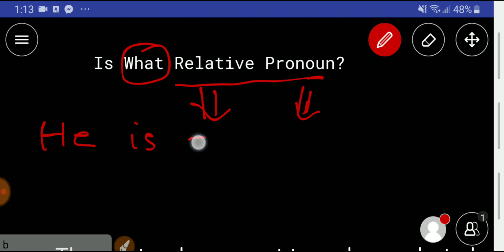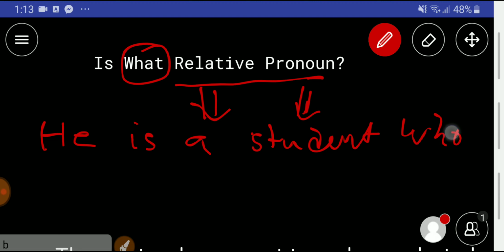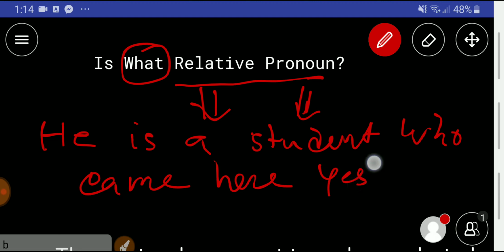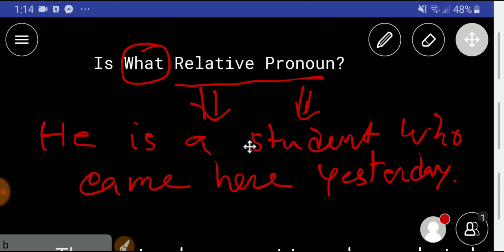He is a student who came here yesterday. Look at this sentence. He is a student, right?